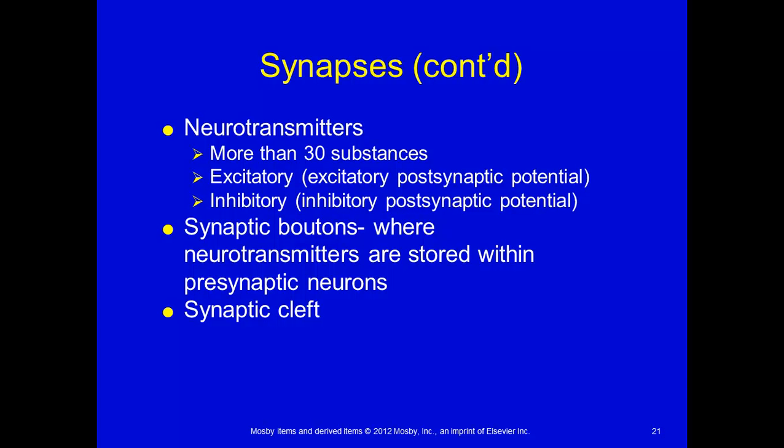So we know that the chemical aspect of this relationship comes from neurotransmitters. There's more than 30, and they can either be excitatory or inhibitory. Anyone want to take a stab at remembering the name of an inhibitory neurotransmitter? Serotonin.